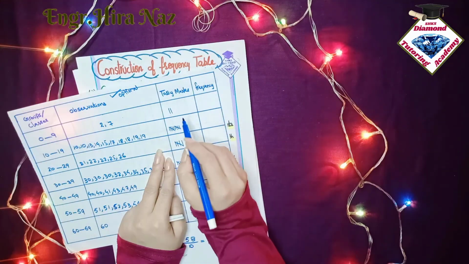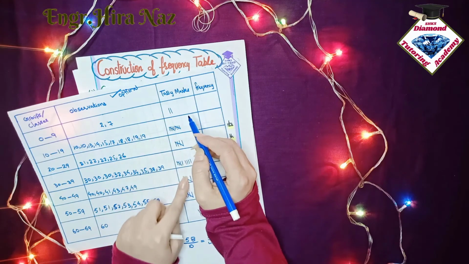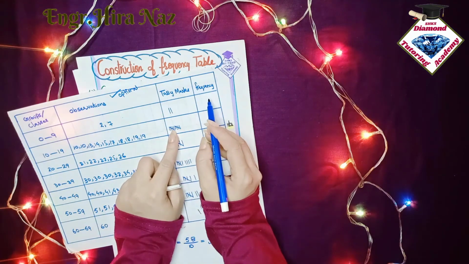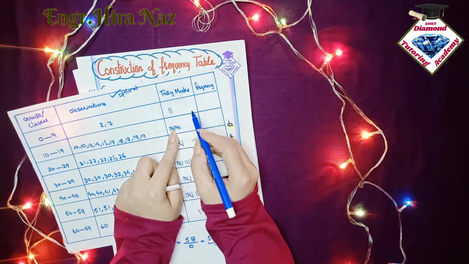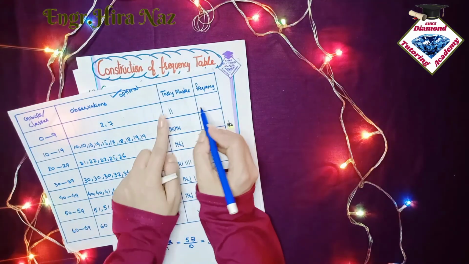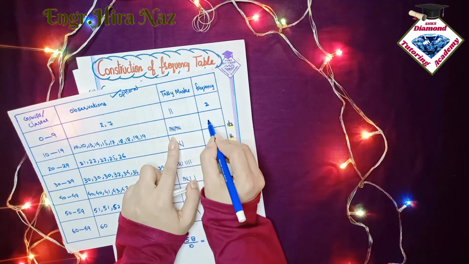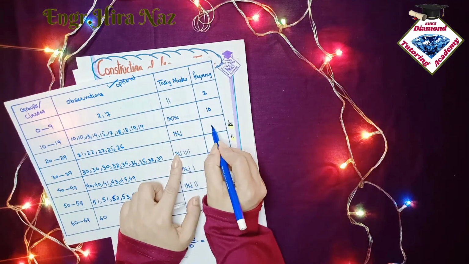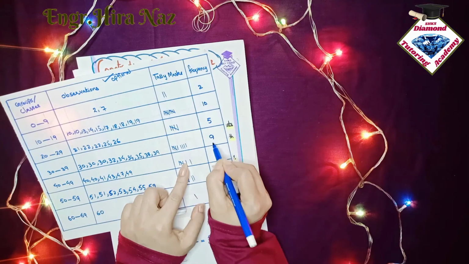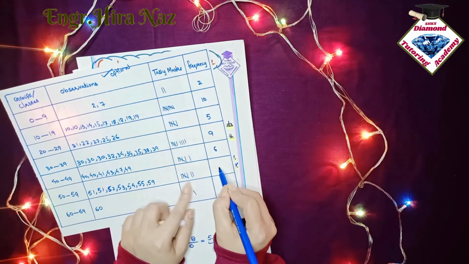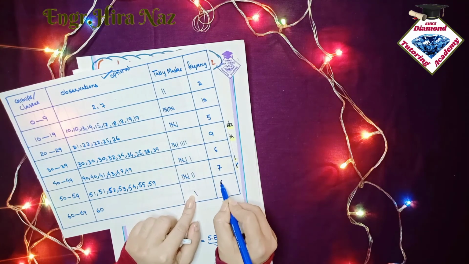Now the last step is to count the tally bars and record them in the frequency column for each class. We get 2, 10, 5, 9, 6, 7 and 1.